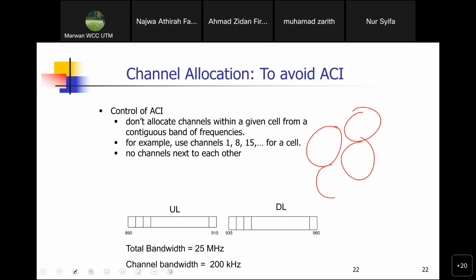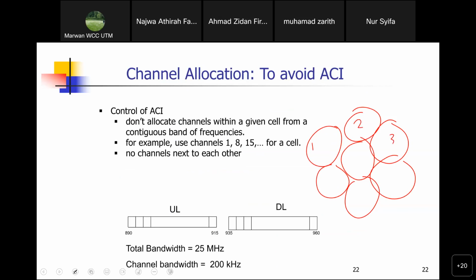So the main thing over here, let's say we look at cell cluster 7. The approach that we use to solve adjacent channel interference is simple. We don't want to use the adjacent channel in the same cell. For example, if this is frequency 1, we use it here. Frequency 2, we don't want it in the same cell. We have to put frequency 2 over here.